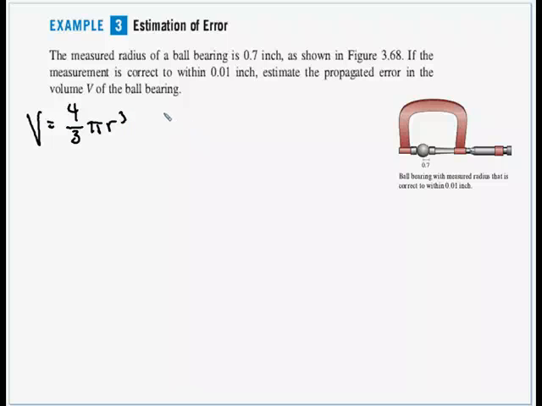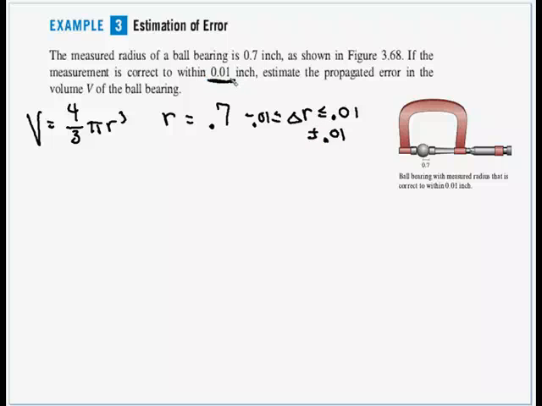Our radius in this problem is 0.7, and our delta r, how correct are we in our measurement? We're within 0.01. So we could think about it as, the error is less than 0.01, greater than negative 0.01. We're somewhere in there, plus or minus 0.01.